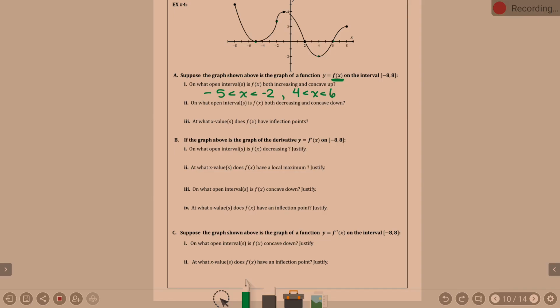Number 2, on what open interval is f both decreasing and concave down? -1 to 2 and 6 to 8. Or not 6 to 8.